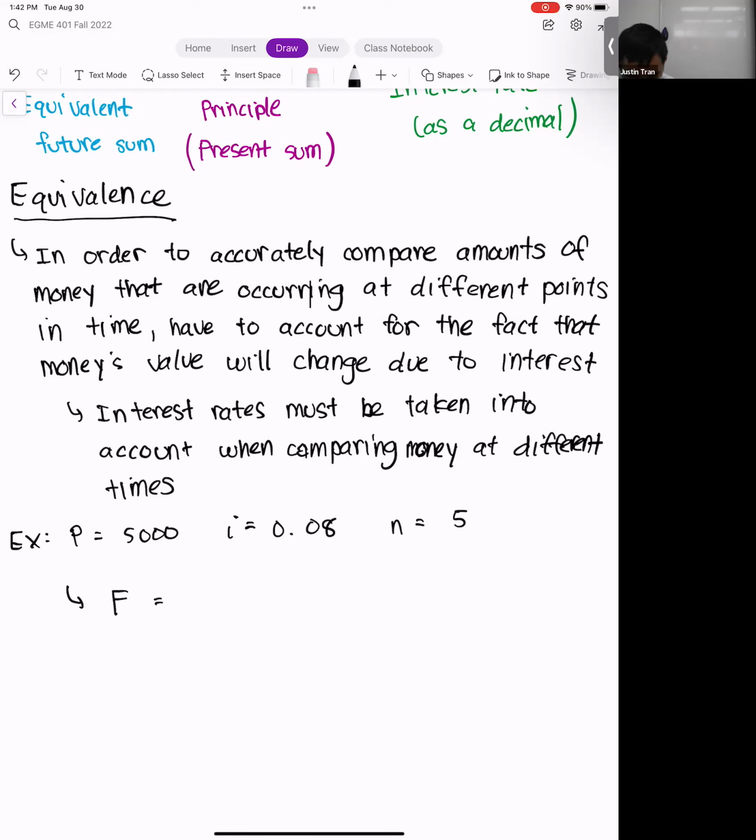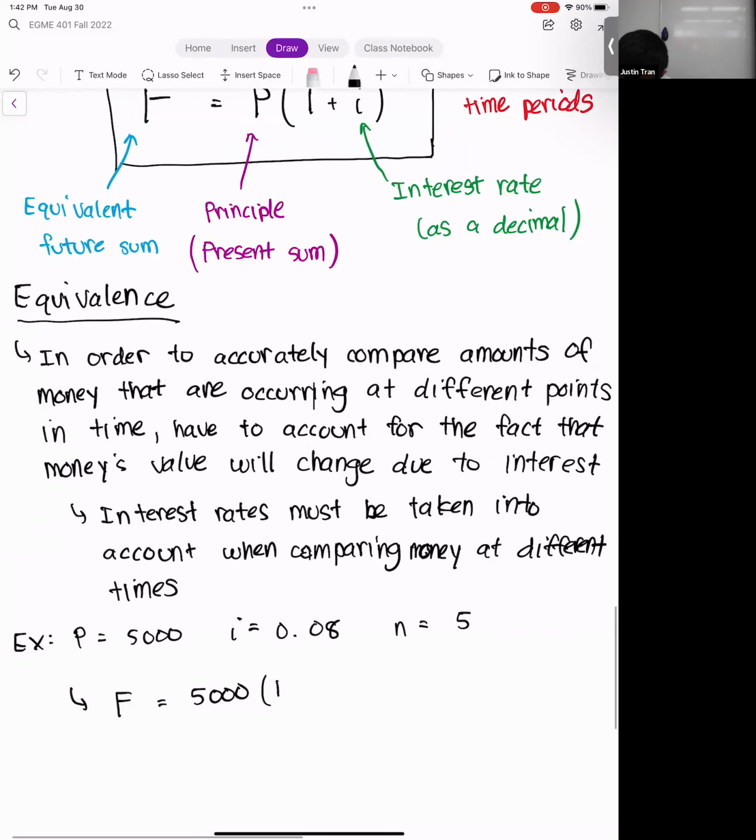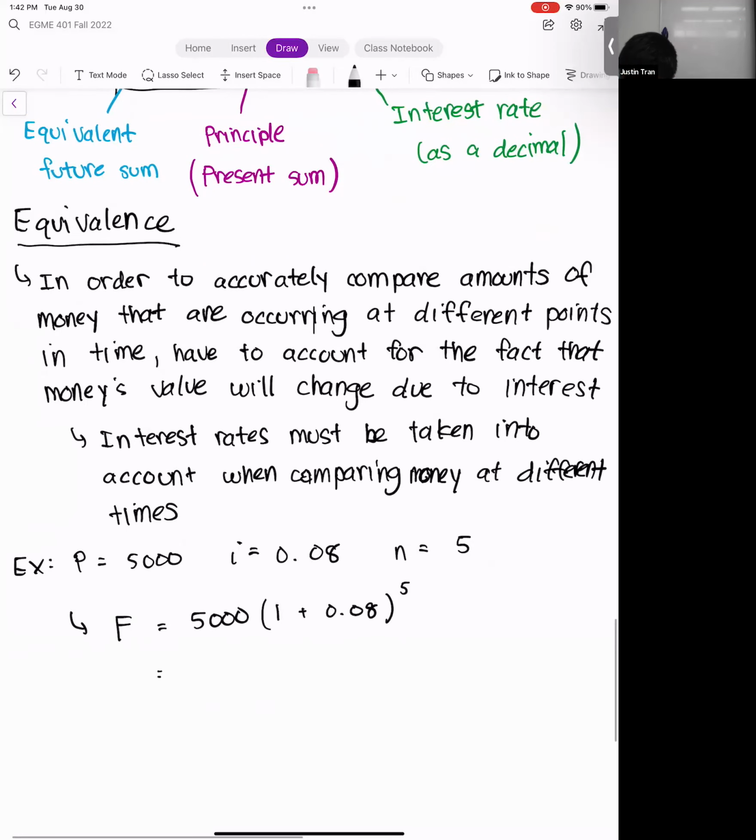All right, so we have F is equal to P, which is 5,000. Then we have the number 1 plus the interest rate, which is plus 0.08, raised to the 5th power. So we go ahead and simplify this a bit. We have 5,000 times 1.08 raised to the 5th power.